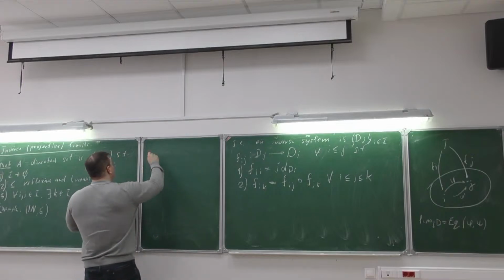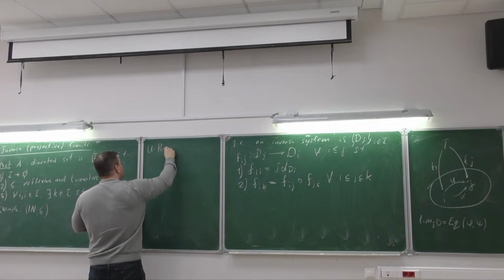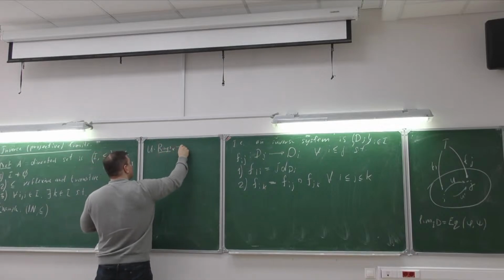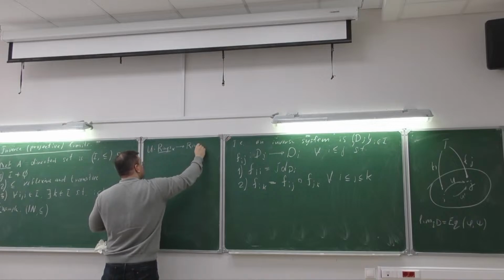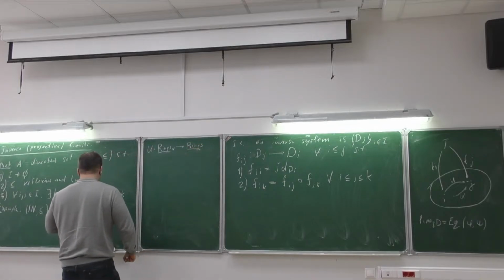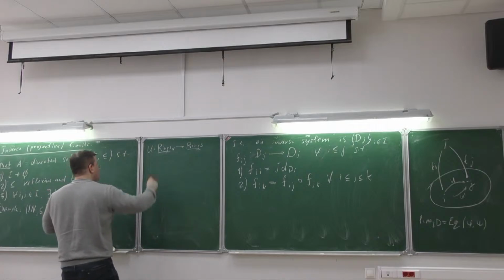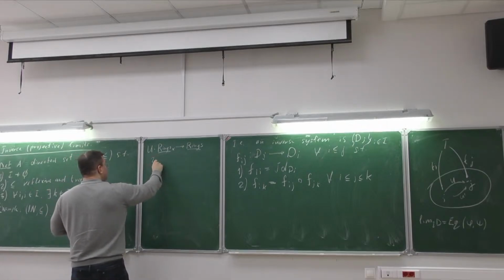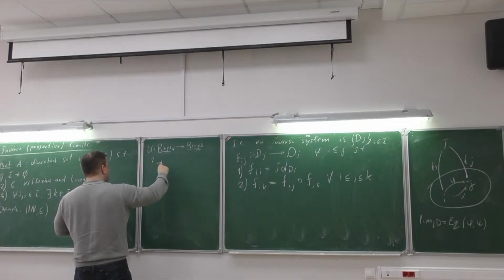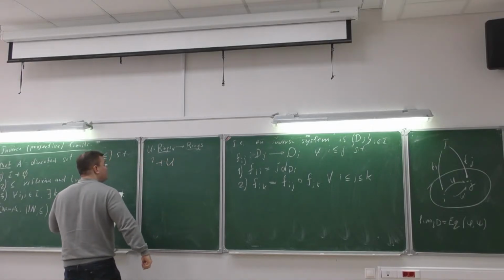In this problem I have a forgetful functor U from the category of pointed rings to the category of rings, that just forgets the distinguished element. And the question was to describe, if it exists, or show that it doesn't exist, the left adjoint functor for U.